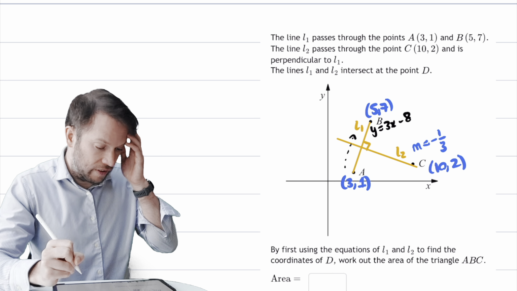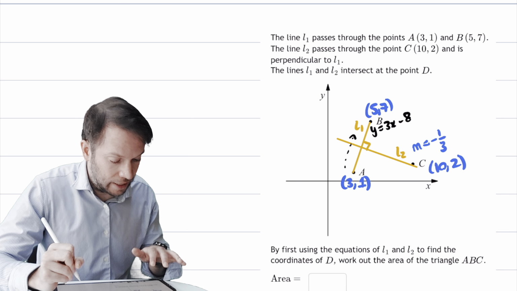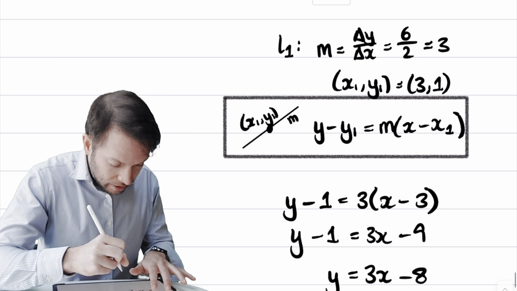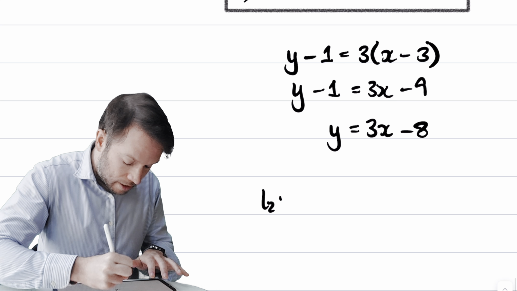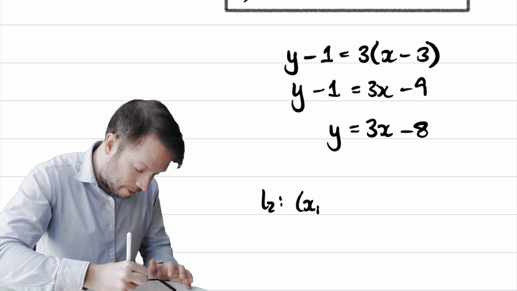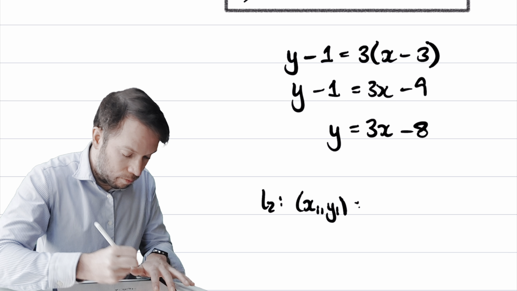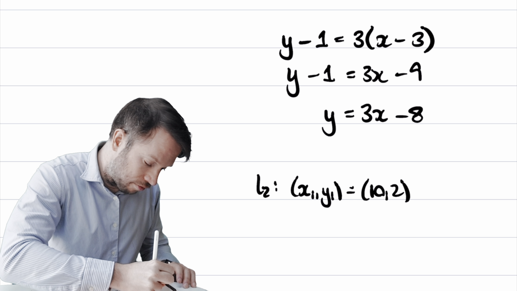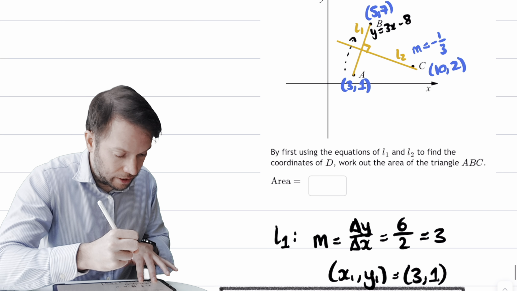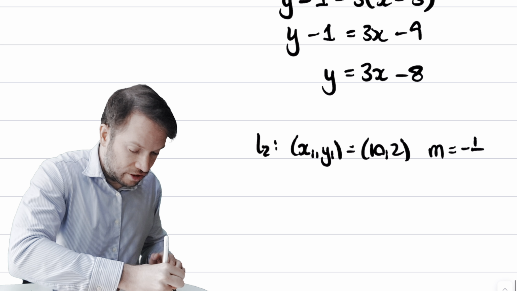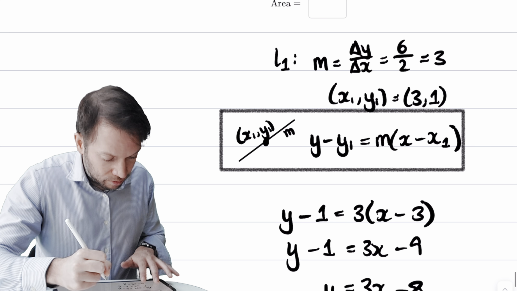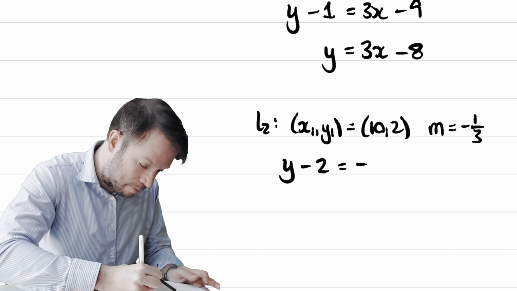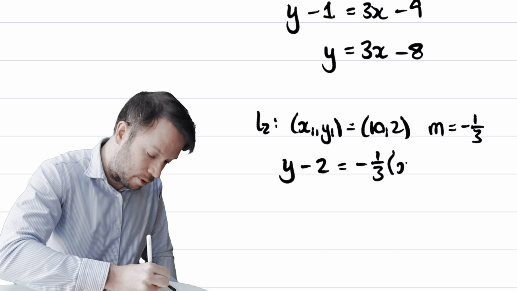Let's find the equation of the line that has gradient minus a third and goes through the point (10, 2). So this is L2 now. It has a fixed point of, sorry, it was (10, 2). My memory is terrible. And it has gradient minus a third. Let's use the y minus y1 formula again: y minus y1 equals m(x minus x1).